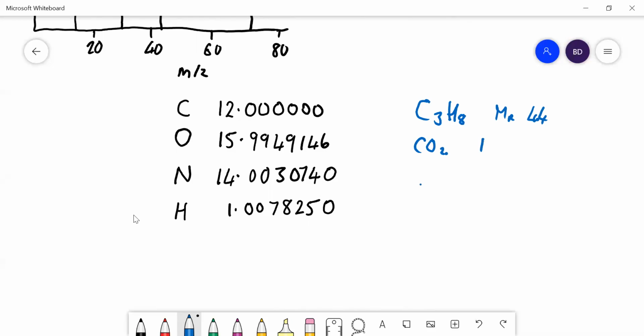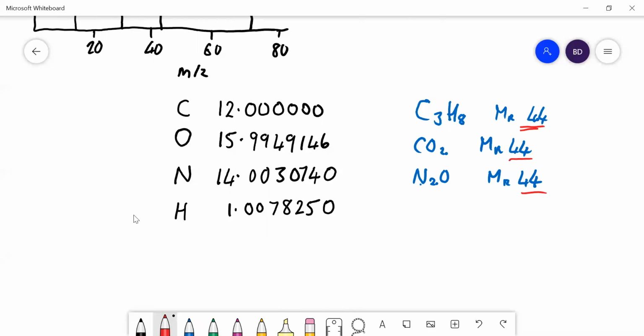CO2, the Mr of that is 44. And nitrous oxide, the Mr of that is also 44. With normal mass spec, you wouldn't be able to distinguish between these three things because they've all got an Mr of 44. But if you look at a very high resolution, you'd find that they don't have an Mr of exactly 44.